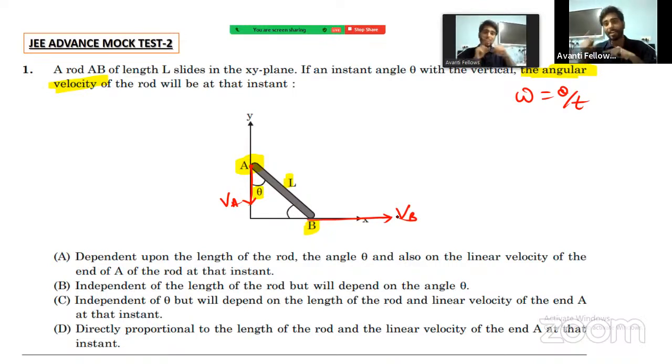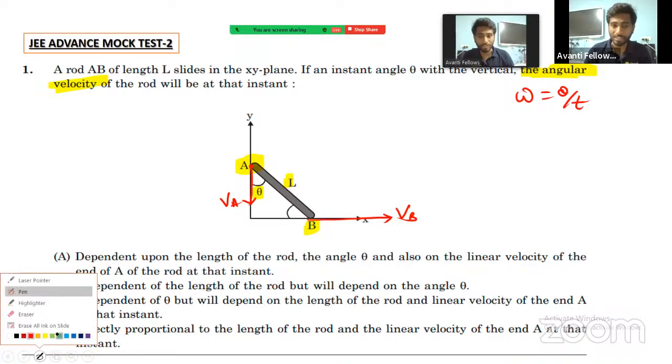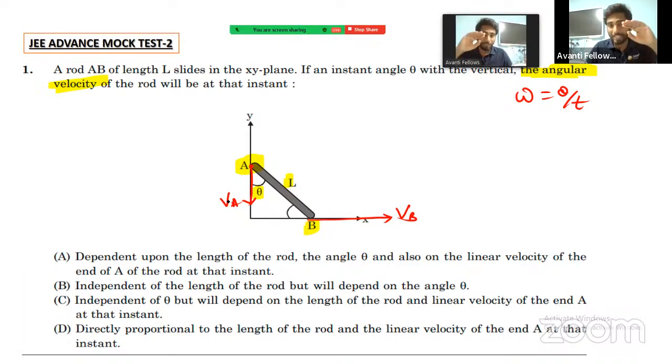Now, VA and VB are in different directions. Try to get these two velocities in the same direction. So for that, we can write the components of the velocities, right? VA's component along the length, in this direction, is VA cos theta.